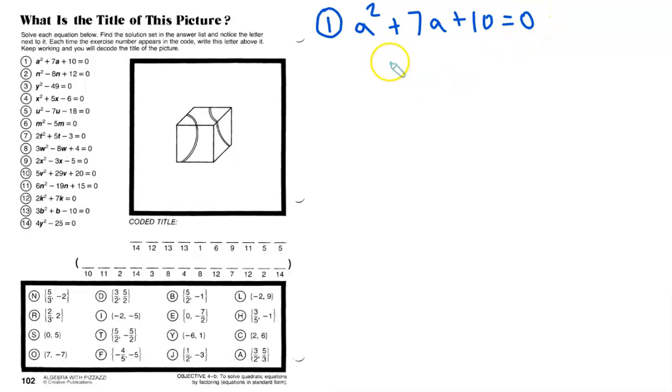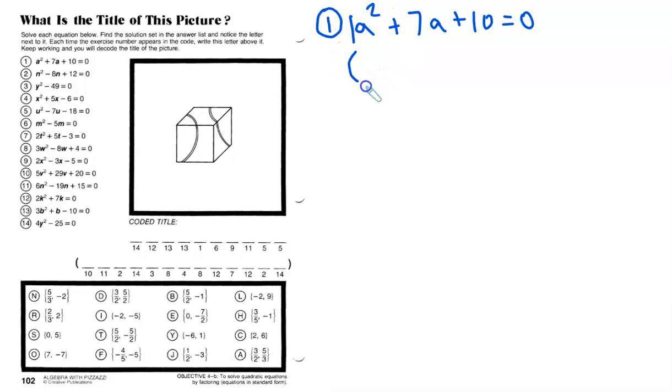Step 1, GCF. This is a 1, a 7, and a 10. 7 is prime, and this is 1. So I don't have any GCF. Look at the letters: I've got a squared, a, and no a. Since this one doesn't have any, I can't take any out.